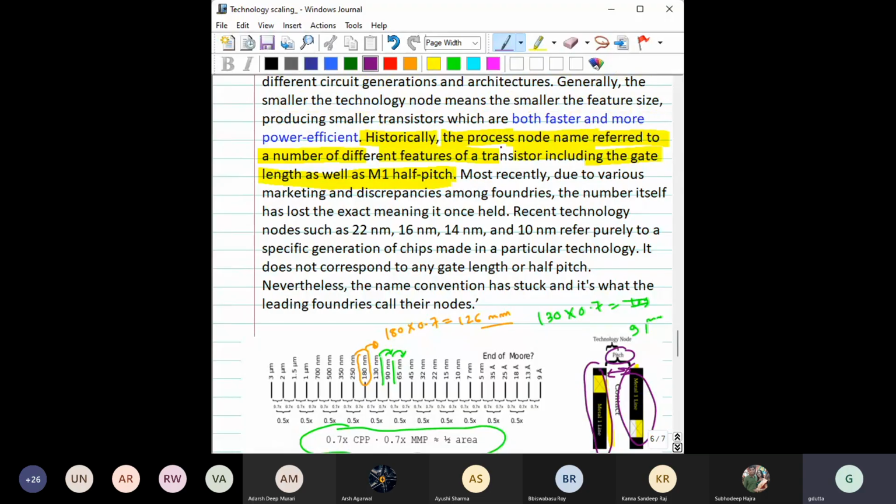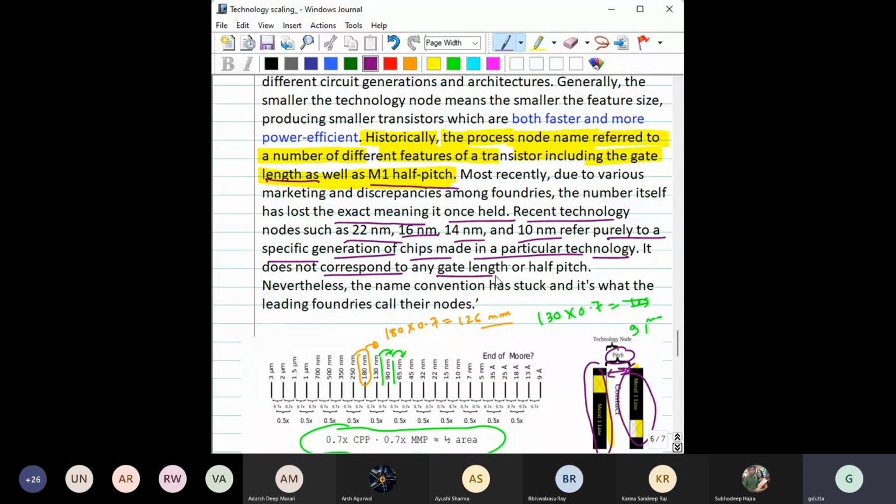Fine. So that's what is written here. Historically, the process node names referred to the number of different features of a transistor, including the gate length as well as the metal 1 half pitch, right? More recently, due to marketing and discrimination among foundries, this number itself has lost the exact meaning it used to have. Recent technology nodes such as 22 nanometer, 16 nanometer, 14, 10 nanometer are purely a name for a specific generation of chips made in a particular technology.